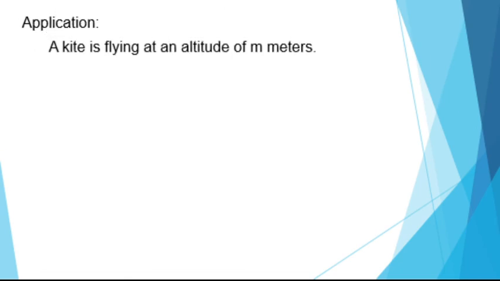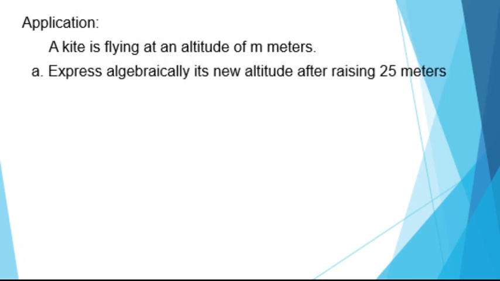Okay. A kite is flying at an altitude of m meters. Considering that we're going to express this algebraically, its new altitude after raising 25 meters. So you have the m meters. So let us translate the m meters, and then altitude raising, so you are increasing.